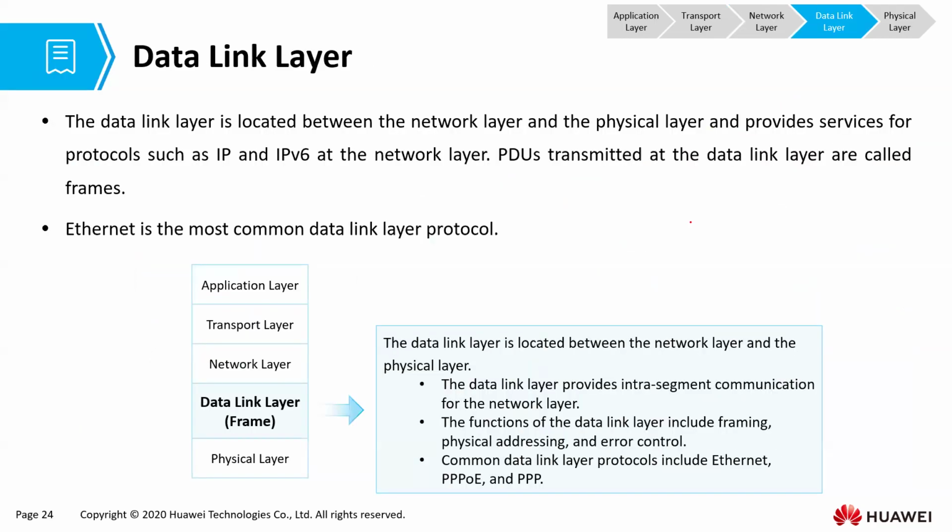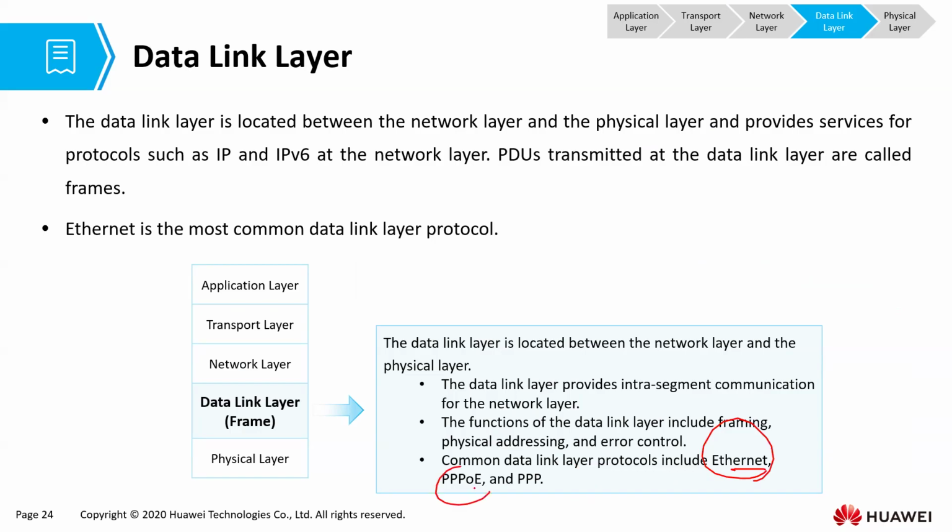Data link layer. This one, we mentioned data framing, local addressing, physical addressing. This is where framing basically happens. We have a number of protocols that are very common. Ethernet, I think this is the most common, and this is the one we mostly use.